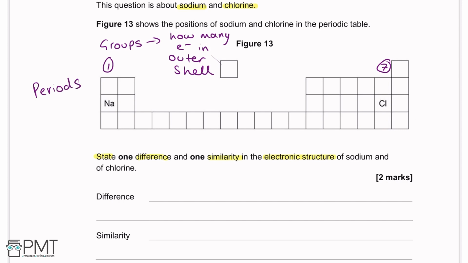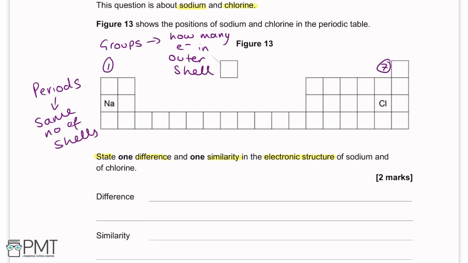Okay, and elements in the same period have the same number of shells. Now, hopefully you can see that sodium and chlorine are in the same period. Okay, they're in the same horizontal row. Therefore, they both have the same number of shells.